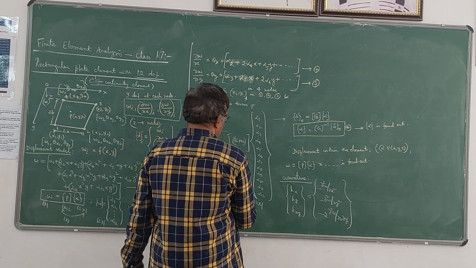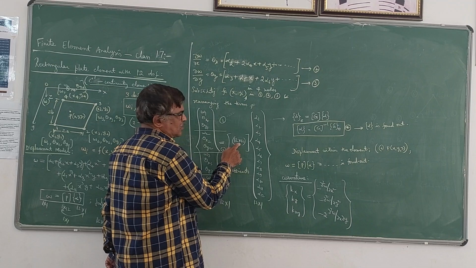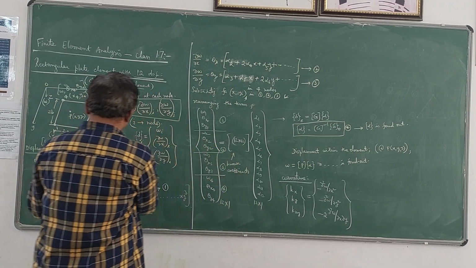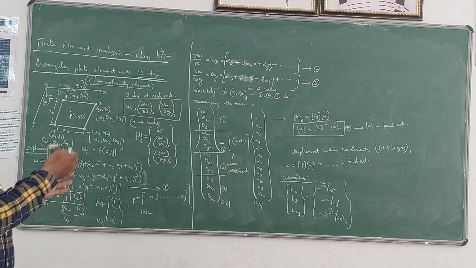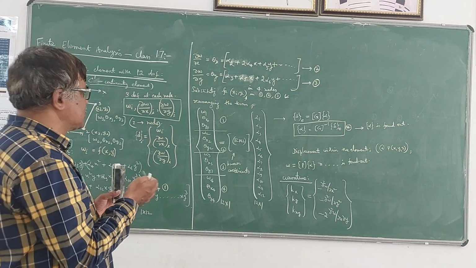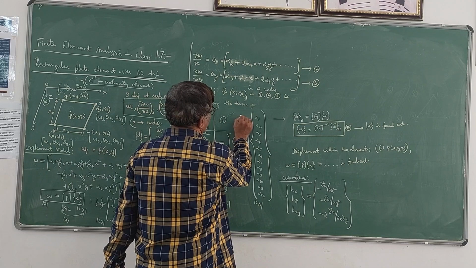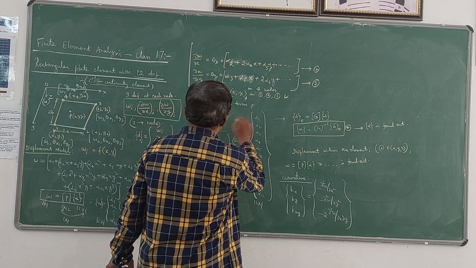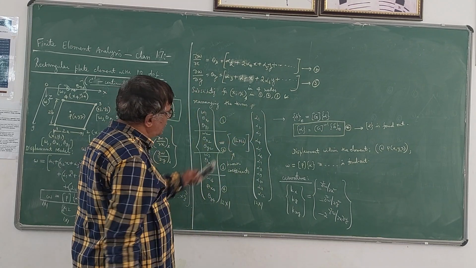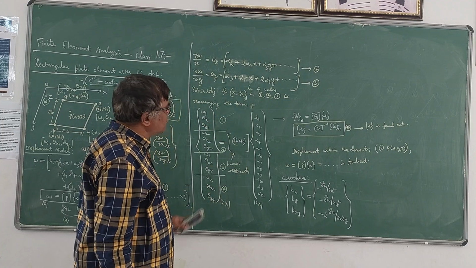These are the coefficient matrix, 12 cross 12, which I have not written here. Once you get this set of equations, 12 equations will be there, with those coefficients. For example, the coefficient of alpha 1 you write first, the coefficient of alpha 2 second, like that for w1. So you have to fill this 12 cross 12 matrix.